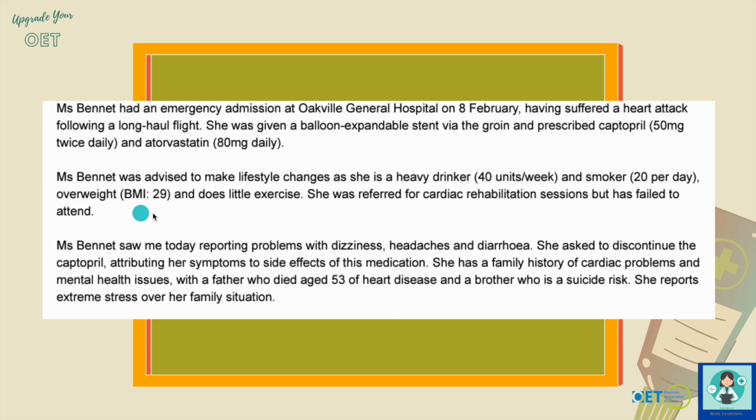Also, that she's overweight and does little exercise. Factual, she was referred for cardiac rehabilitation sessions but has failed to attend. So we're summarising all her lifestyle here and what happened.